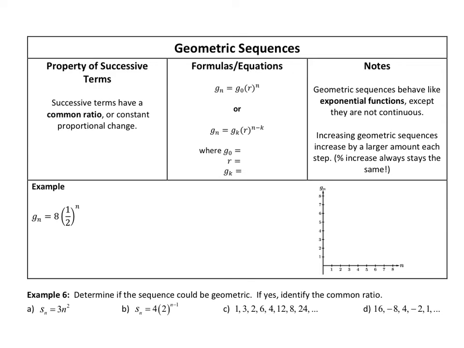They have what's called a common ratio, or constant proportional change, meaning that we are going to find the common ratio not by adding and subtracting, but by taking two terms, g of k, and dividing it by the term before it, g of k minus 1.